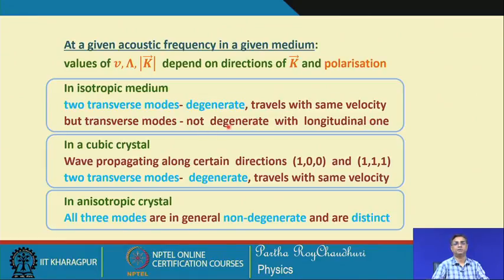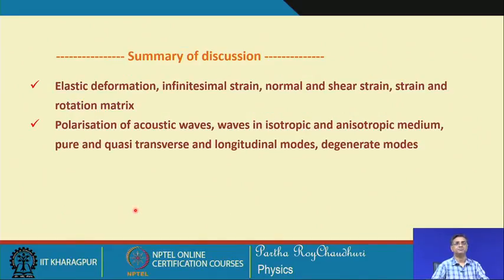So, they are different from the longitudinal mode. In a cubic crystal, for a wave propagating along certain directions, defined by a plane making an equal inclination with all 3 coordinate axes, the 2 transverse modes are degenerate and travel with the same velocity. In an anisotropic crystal, all 3 modes are in general non-degenerate and distinct, because of the natural anisotropy of the medium.